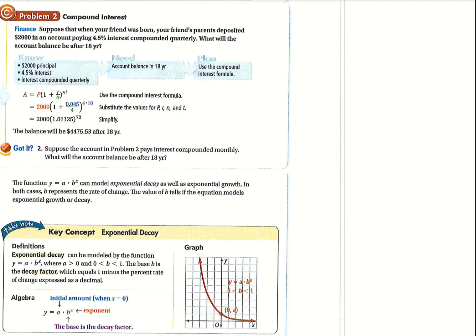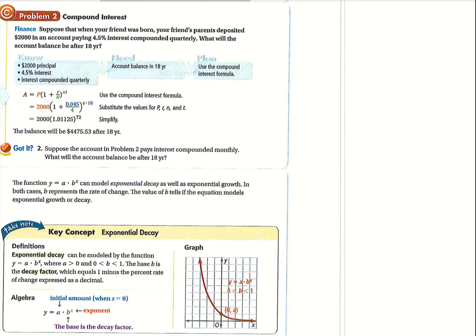All right, so if we look at problem 2, we can kind of see an example of compound interest. It says, suppose that when your friend was born, your friend's parents deposited $2,000 in an account paying 4.5% interest compounded quarterly. What will the account balance be after 18 years?